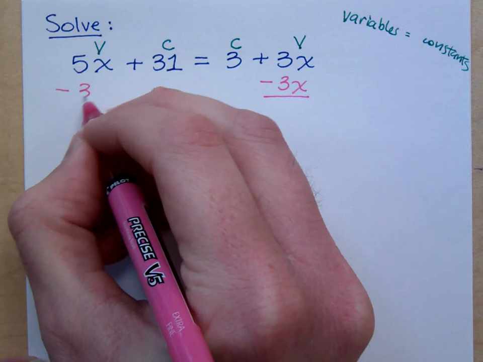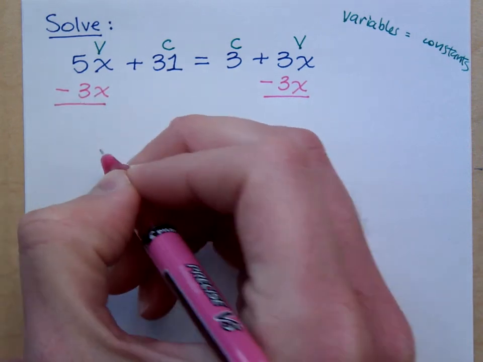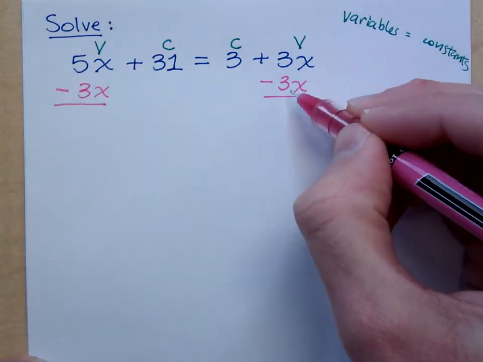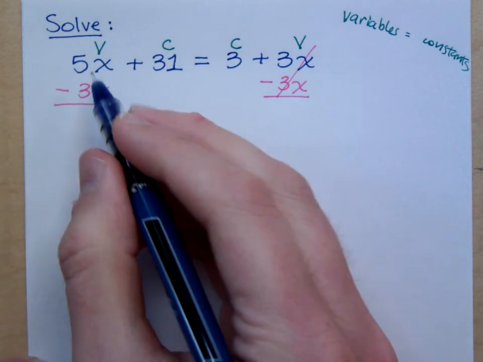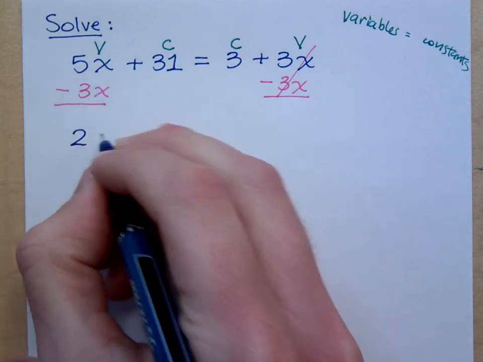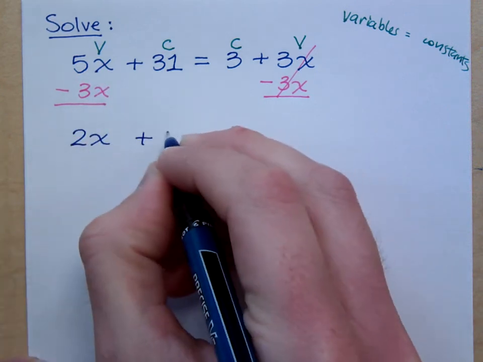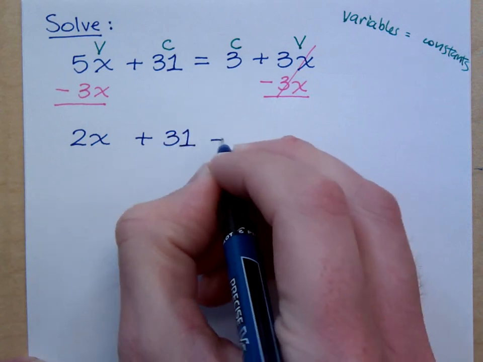Underneath the like term to it, right? What's 3x minus 3x? So that means I have effectively moved it to the other side. Let's combine like terms now. So what do I have here? It's a positive 2x. This is still a positive 31.